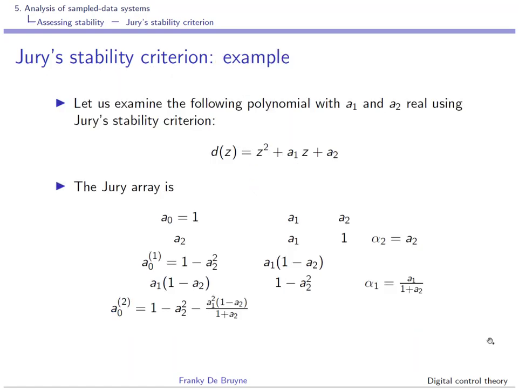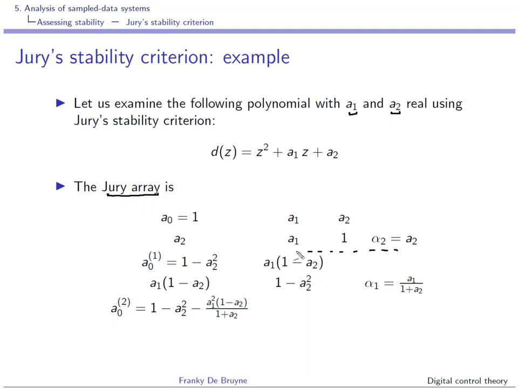circle. Well, let us take an example of a second order polynomial, and in here a1 and a2 are real. Okay, and we want to use the jury stability criterion to see under which conditions this polynomial has roots inside the unit circle. So we have to construct the jury array.